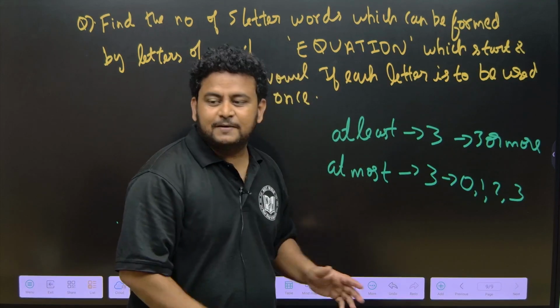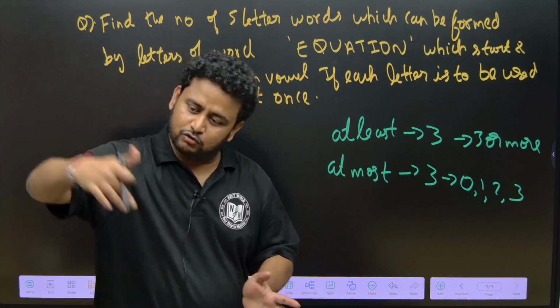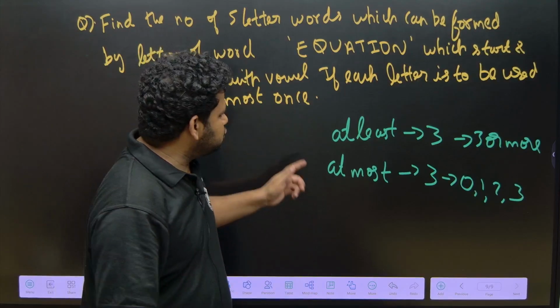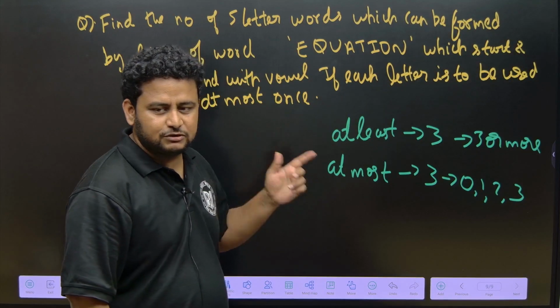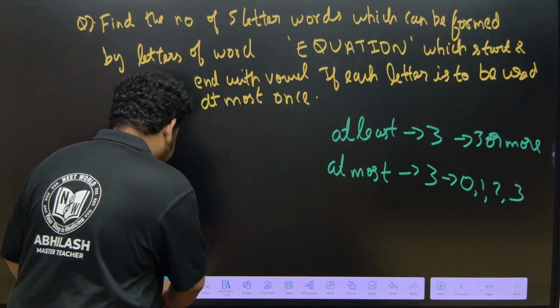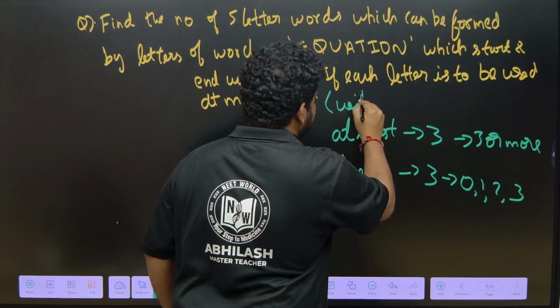At most 3 means maximum 3, at least 3 means minimum, this is a minimum standard, but it can go up to anything. So, here if each letter is to be used at most once, they are telling indirectly without repetition. That means you cannot use more than that.